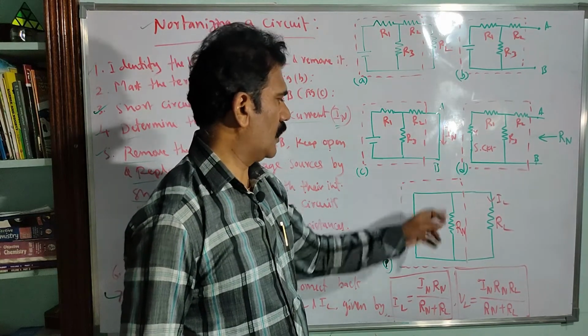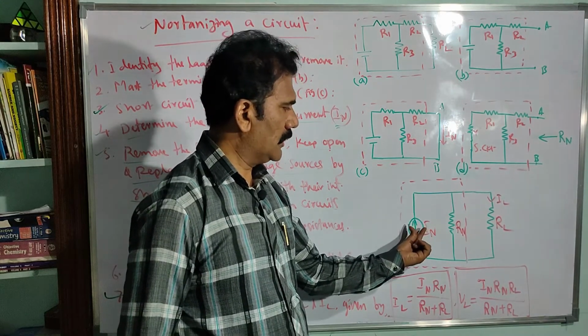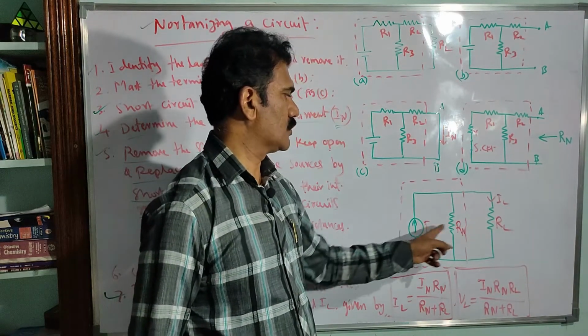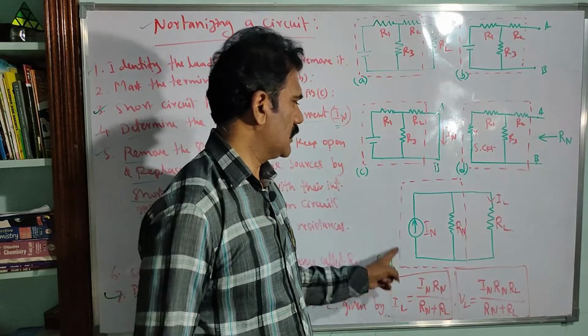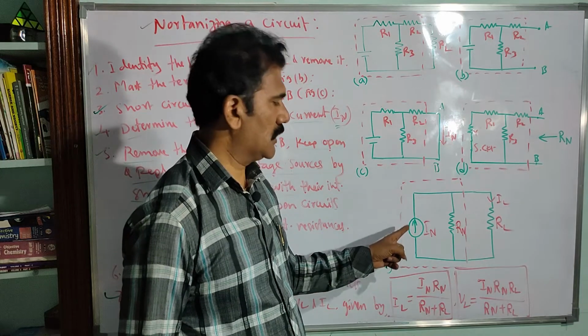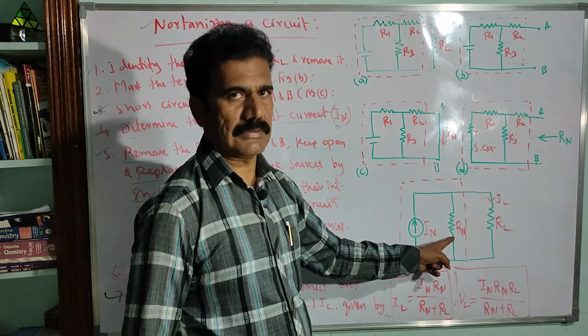This should be connected in parallel with the equivalent resistance Rn. These two should be in parallel. This part of the circuit is called the simplified Norton circuit, consisting of a single current source in parallel with the Norton's single resistance.